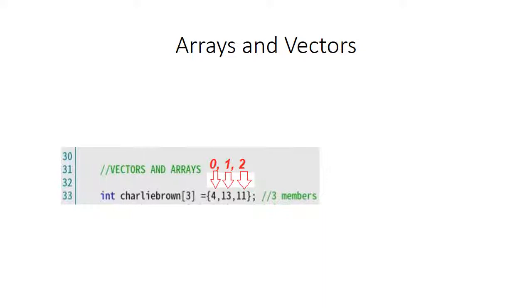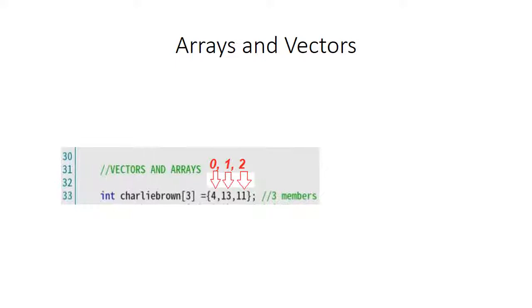This is an array. Charlie Brown is an array, and we've declared it's an int. It's an integer array. 3 integers inside the little brackets separated by commas. Charlie Brown followed by the 3 in brackets tells us we have 3 integers in one name.